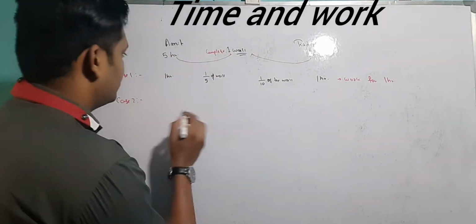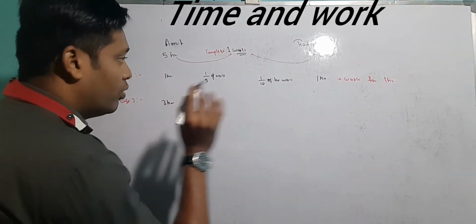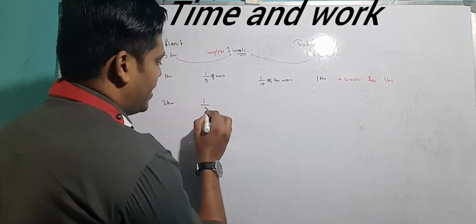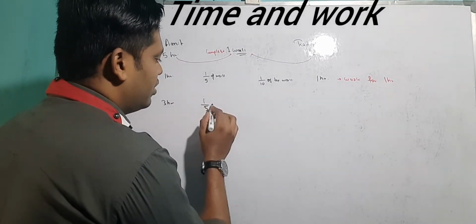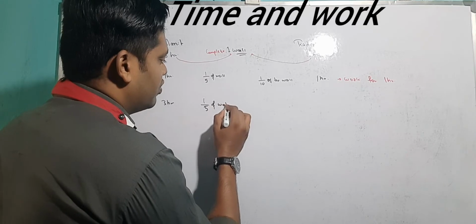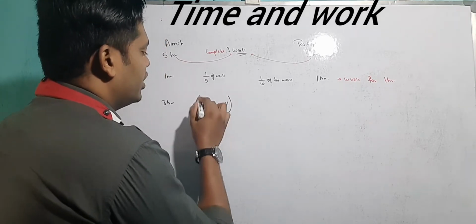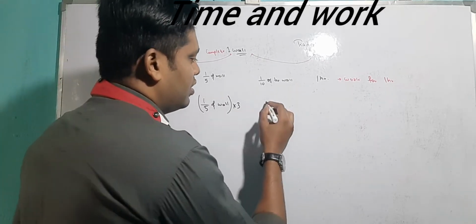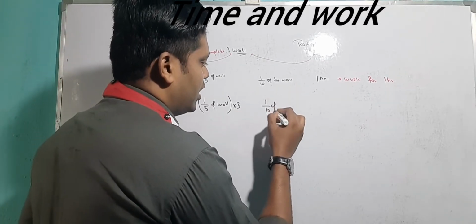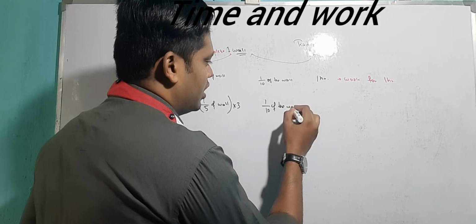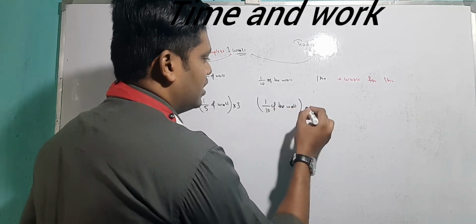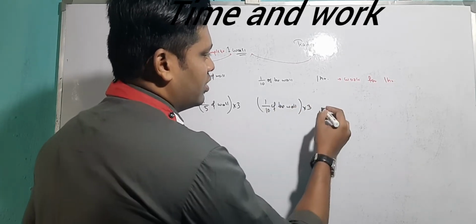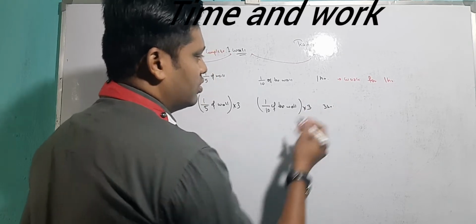Amit can do 1 by 5 of the wall in a day, so into 3 days. This person can do 1/10 of the wall in a day, and he has to work for 3 days, into 3 again. So 3 hours of work for both.